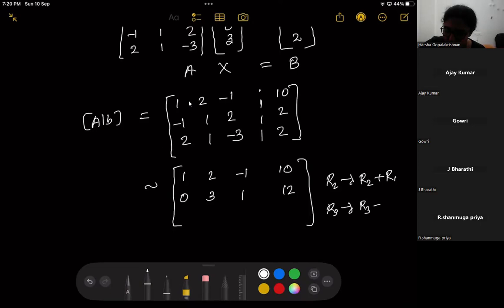This is the standard way. If we are making the first column entry 0, take that element, find the corresponding factor, multiply, and subtract that row.